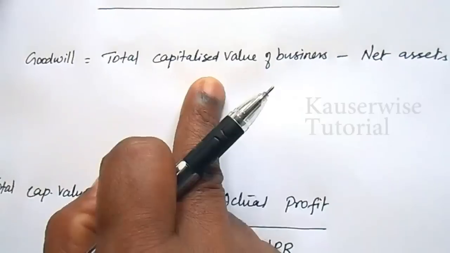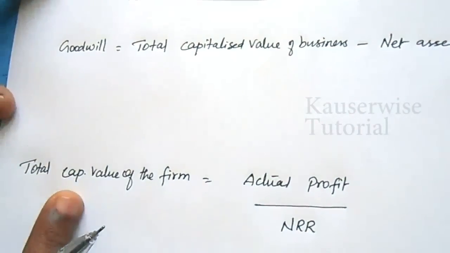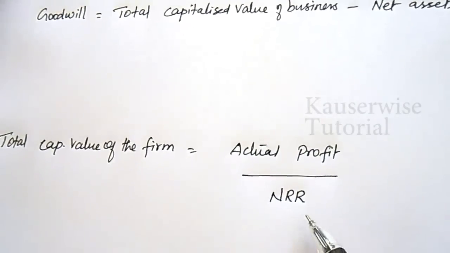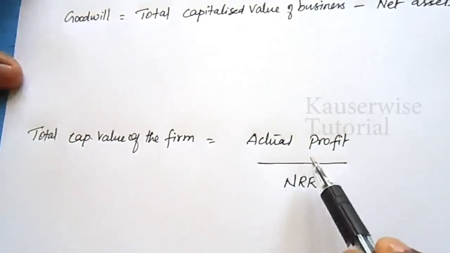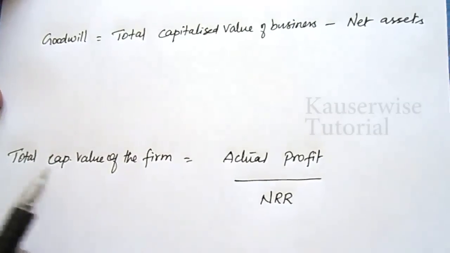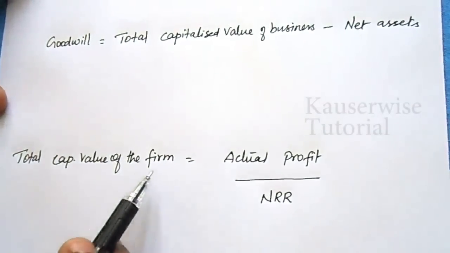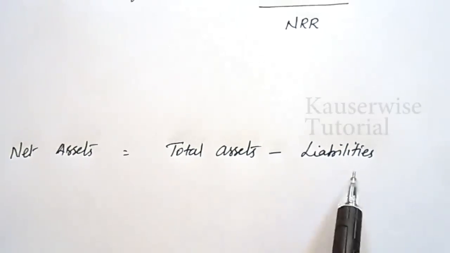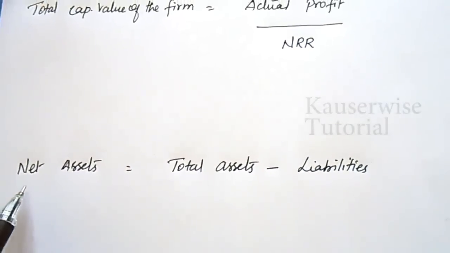So there is a separate formula for this one. Total capitalized value of business is equal to actual profit divided by NRR, which is given in the problem itself. So just take actual profit divided by normal rate of return to find out the total capitalized value of the firm. Next one is net asset. Formula is total assets minus liabilities. You can get the net asset.